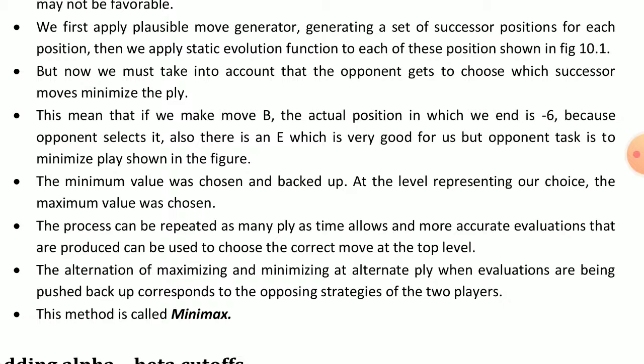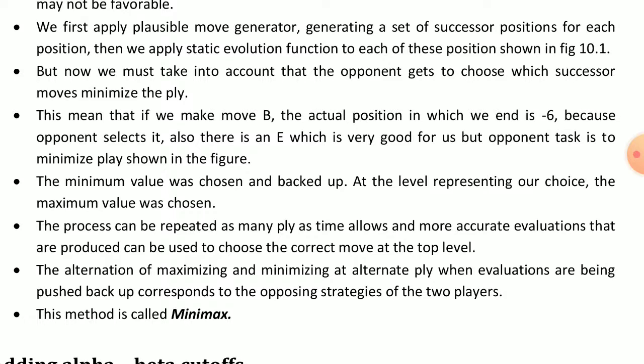This means that if we make move B, the actual position in which we end is -6, because the opponent selects it. Also there is an E which is very good for us, but the opponent's task is to minimize play.